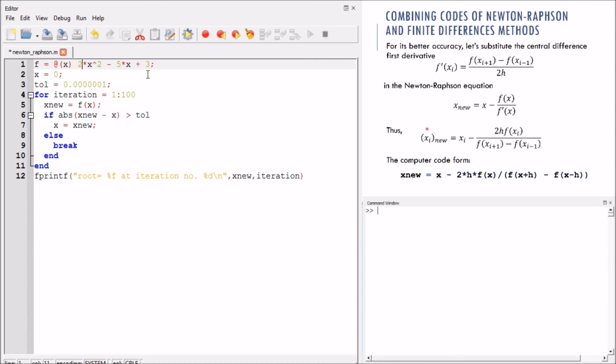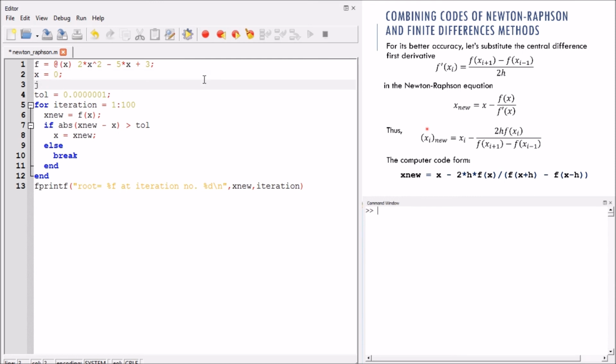So our goal is to apply the Newton-Raphson method without explicit manual derivation. Just given the function directly and it will do the rest. Then the second modification is to define h.